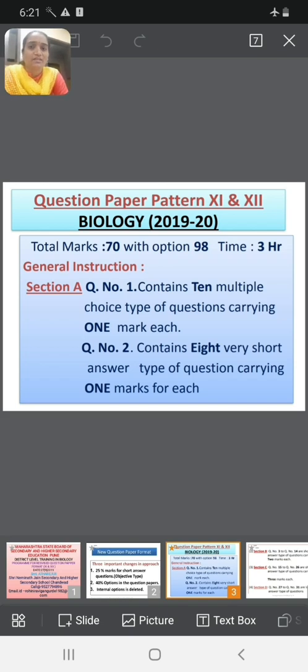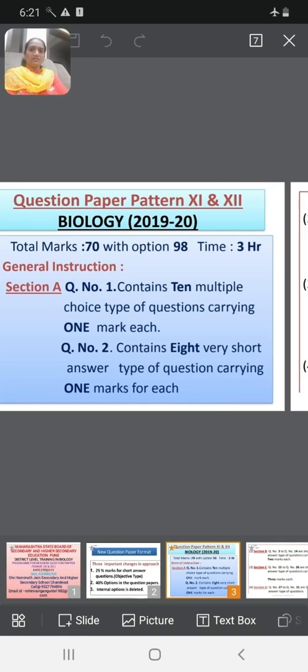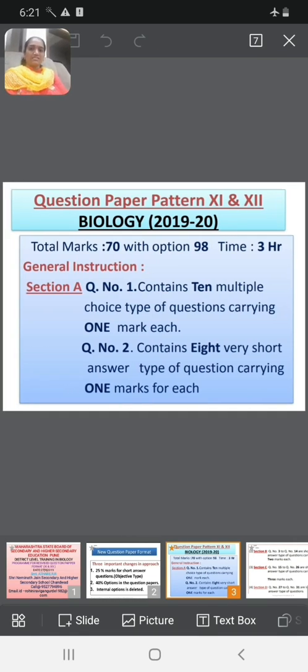Section A is for 18 marks. 18 marks are divided into 2 questions. Question 1 has 10 multiple choice questions carrying 1 mark each. Multiple choice questions means a question is there and 4 alternative options are given for each question, out of which only one is the correct answer.